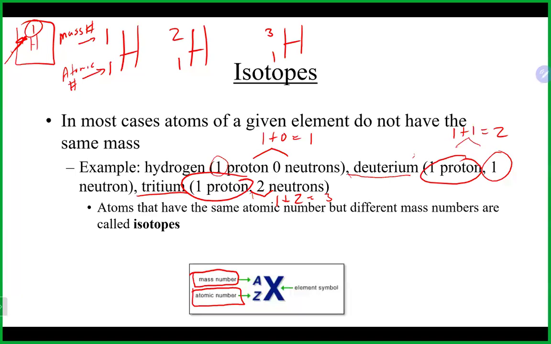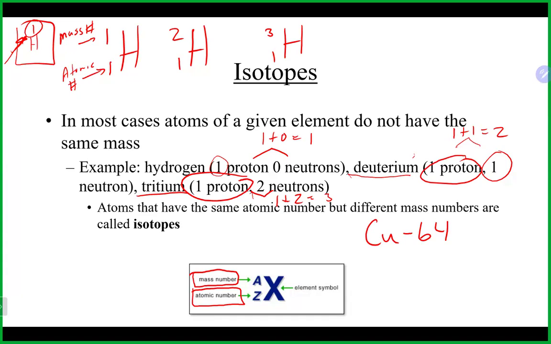Now, if we looked at something, say like this, copper-64, this is also a very common way that isotopes are written, the symbol, a dash, and a number. So we want to think about what that number represents.